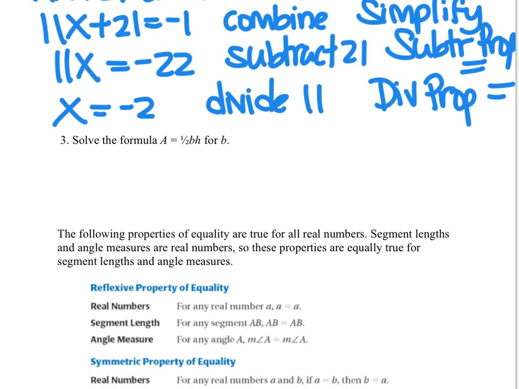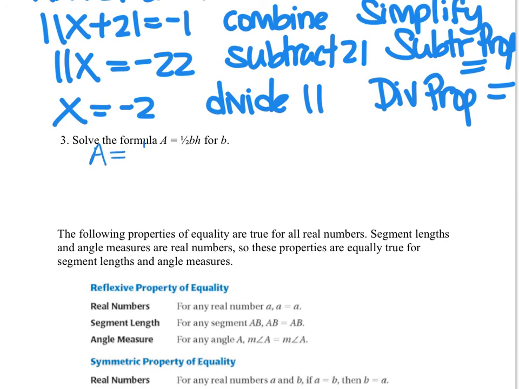And our last one says solve the formula A equals 1/2 BH, which is the area formula of a triangle, and solve it for B. Okay, the first thing would be to write the original formula, and I'm not going to write the explanations this time.